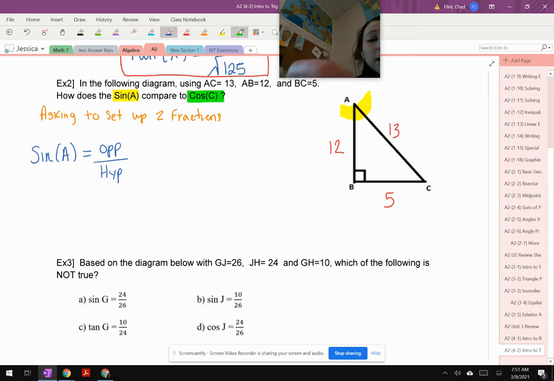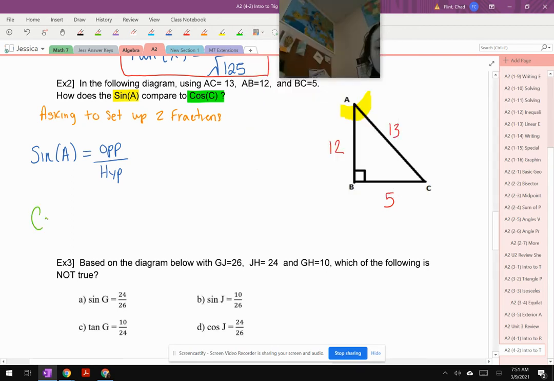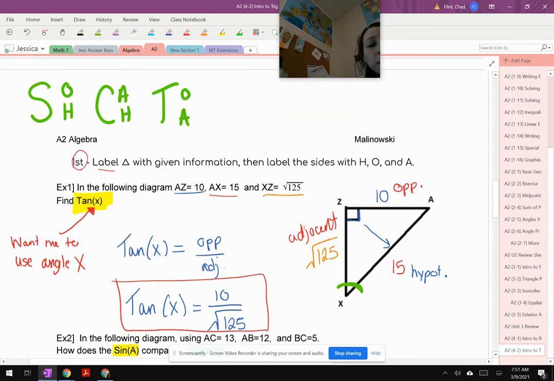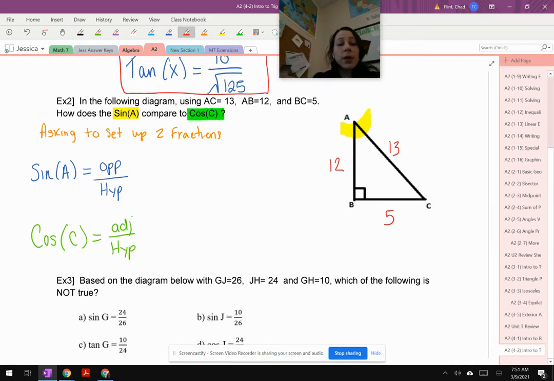And I know that cosine of C is going to be equal to cosine is CAH, A over H, so adjacent over hypotenuse. Okay, so I got those set up.